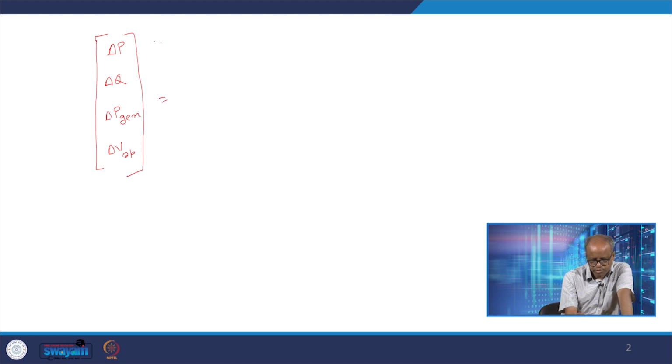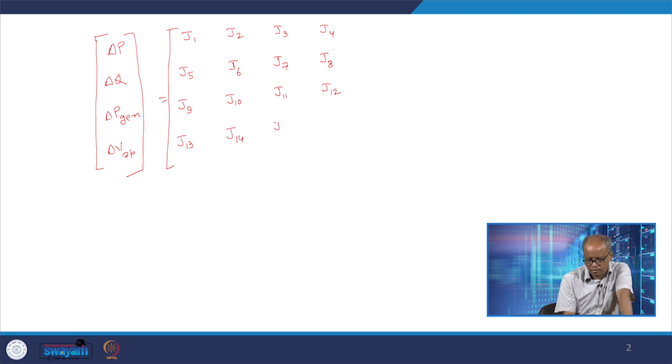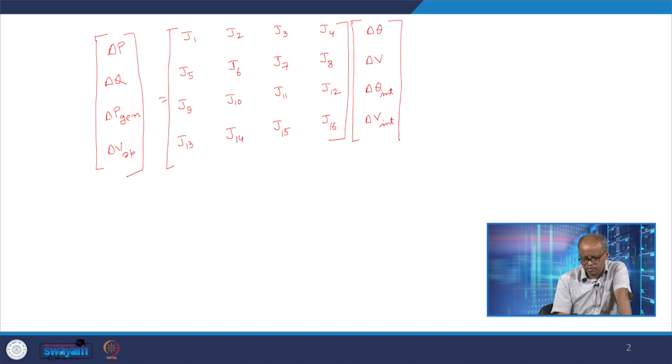So, this is our mismatch vector, and then we have J1, J2, J3, J4, J5, J6, J7, J8, J9, J10, J12, J13, J14, J16, and then we have delta theta, delta V, delta theta internal, del V internal. So, this is what is our Jacobian matrix structure.